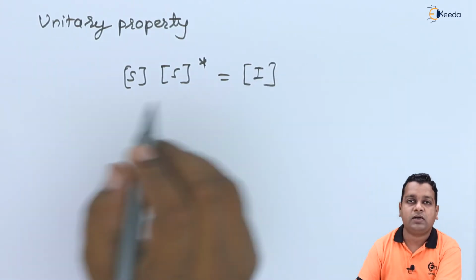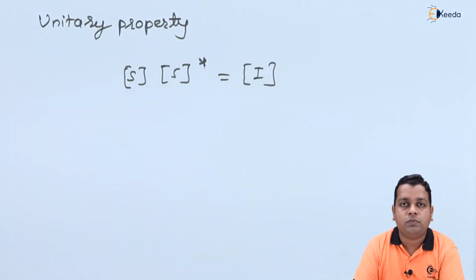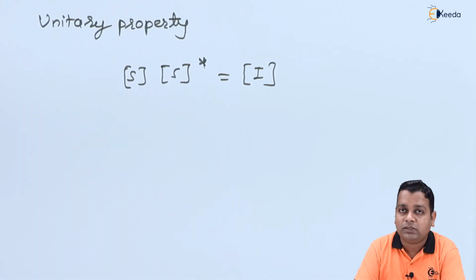Identity matrix means that all the coefficient values in the matrix are zeros except at the diagonal places, which have the value unity, that is 1 for the diagonal elements and all the others equal to 0. So according to the unitary property we represent the scattering matrix from the previous equation.